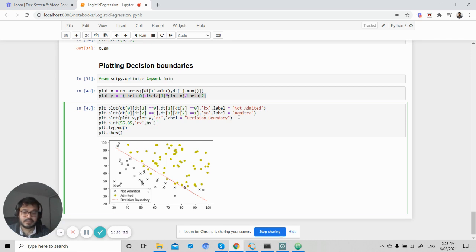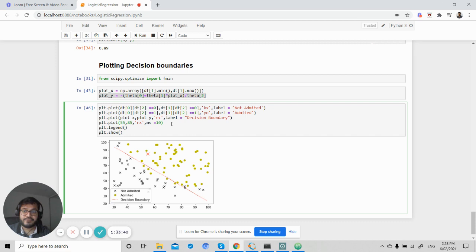So 55 comma 85 is this position. This 55 is for exam score 1, and this one is for exam score 2. So if exam score 1 is 55 and exam score 2 is 85, then we can say that this is admitted. So this person is admitted to the university.